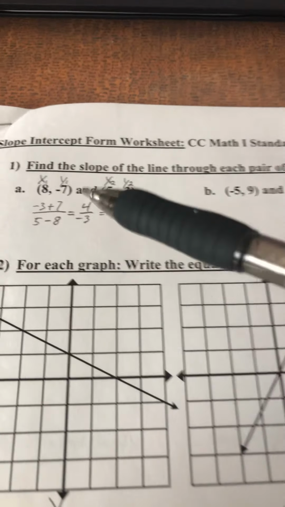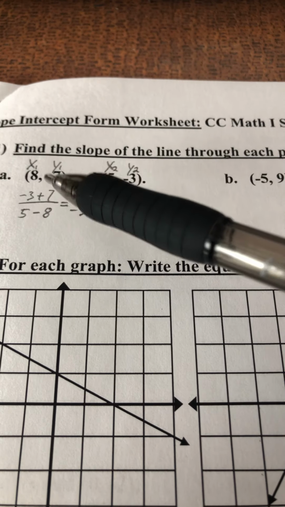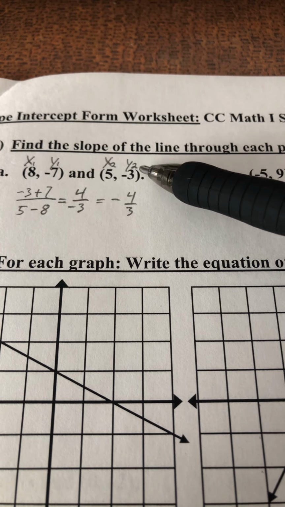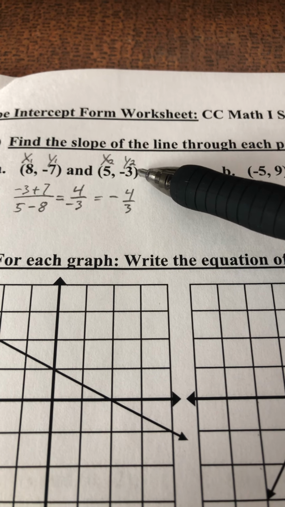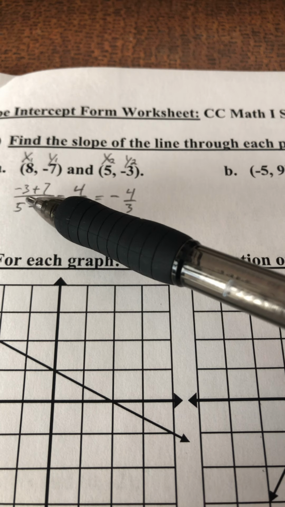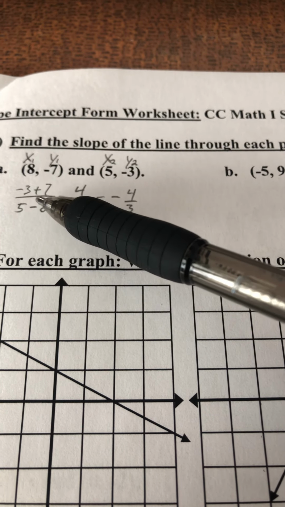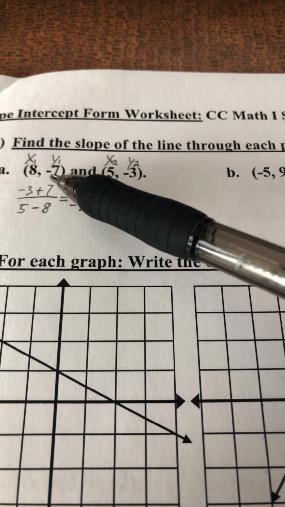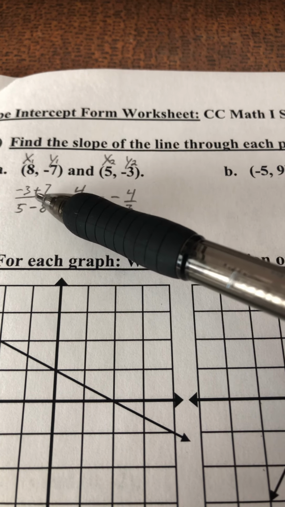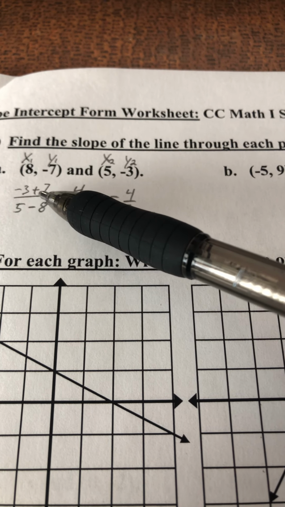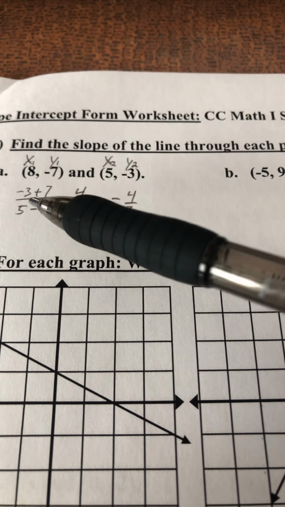So what does that mean? Well, you're given 2 points and you have your first x, first y, second x, second y. I label them because it makes it easier to see. And you take your second y, which is -3, and you subtract the first y, which is a -7. Subtracting a negative is adding. 2 negatives make a positive when you're dealing with it in that capacity.